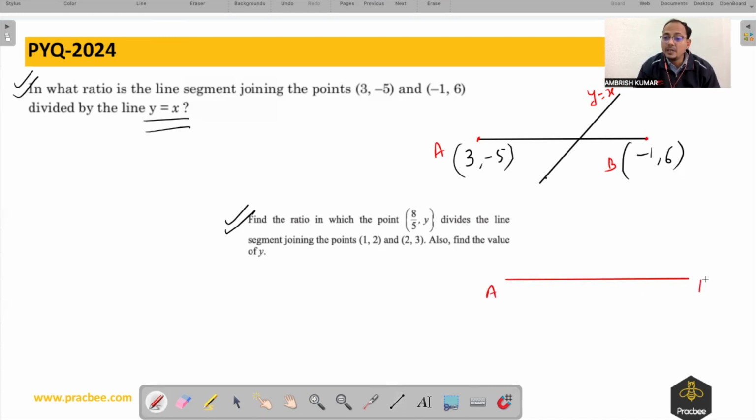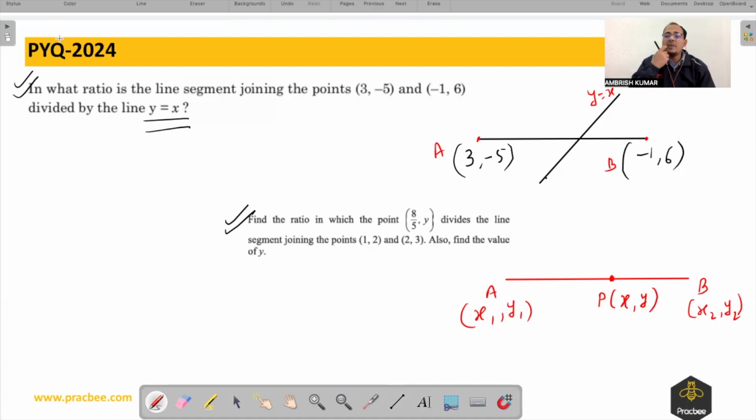If A and B are the 2 points having coordinates x1, y1 and x2, y2, then any point dividing AB in some ratio, let us say the coordinate for P is x, y.